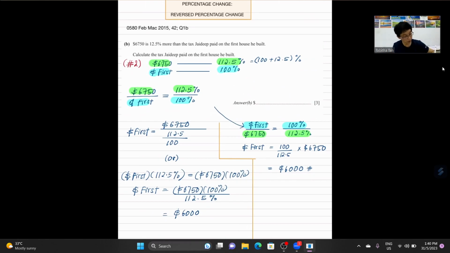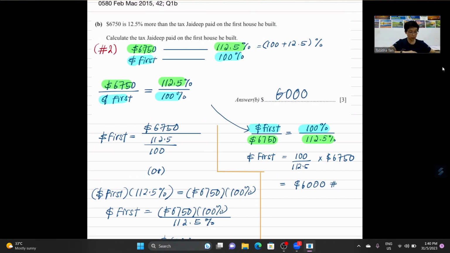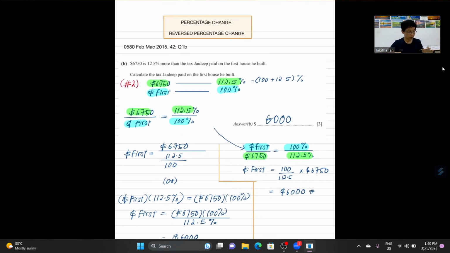Okay, so you can choose in between here. You can choose different ways. So take your time, go through the video, and then consider which is your favorite method.